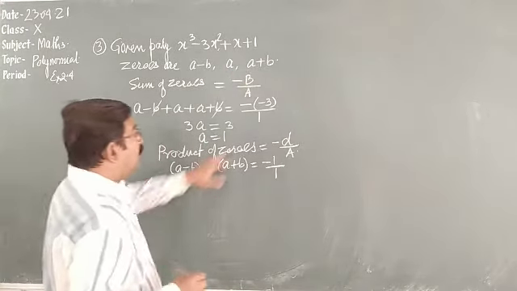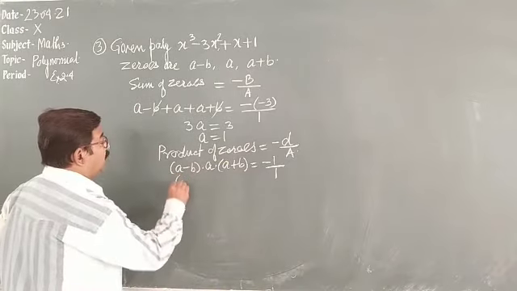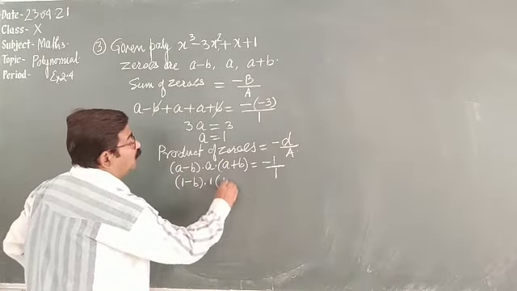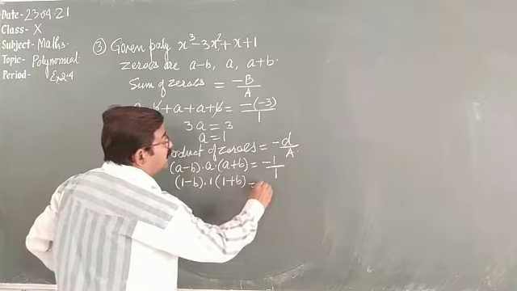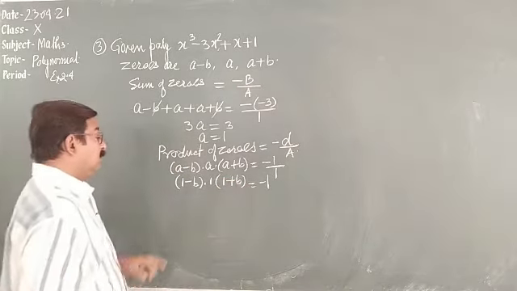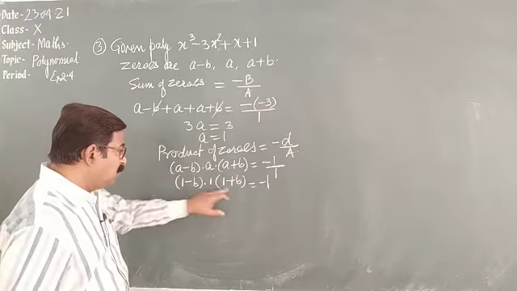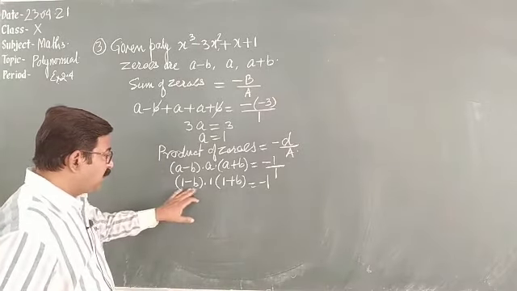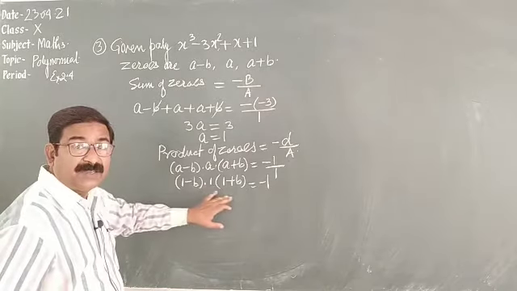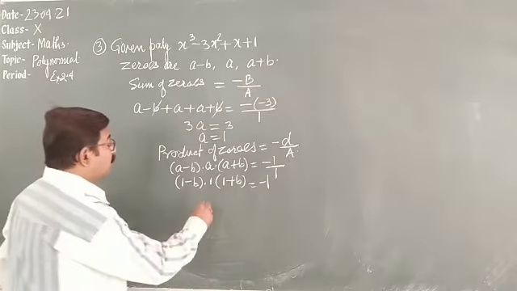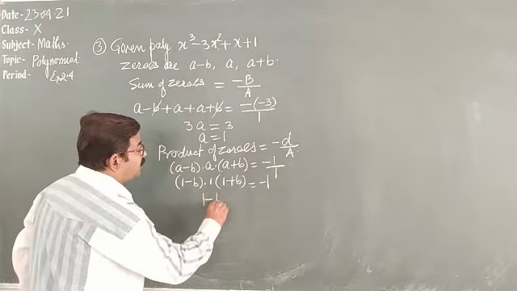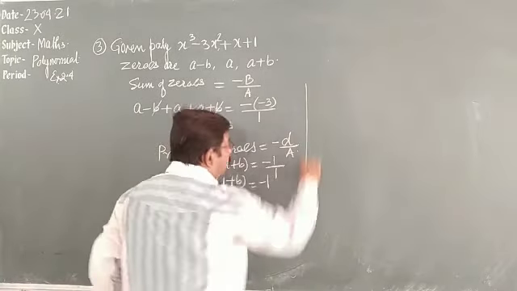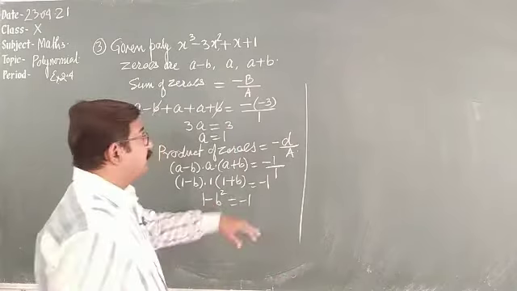Now put the value of a, we have got 1. See, 1 minus b into 1 plus b is equal to minus 1. Multiply this one, there is no change. We have a formula, 1 minus b into 1 plus b, that is x minus y and x plus y. So this is 1 minus b square is equal to minus 1. Send this one this side.